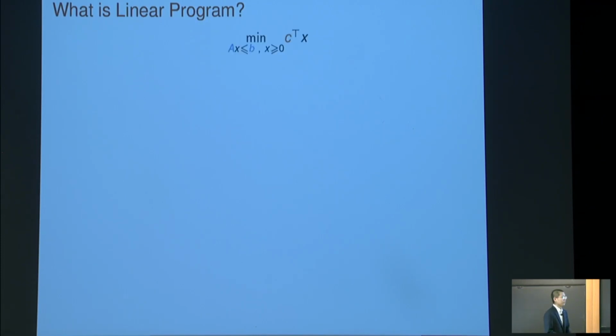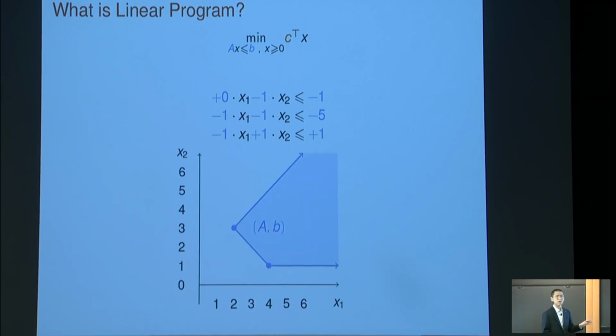The definition is the following: I give you a matrix A, a vector b, and another vector c. This matrix A and vector b form a blue region in this 2-dimensional plane, and this is a convex region.